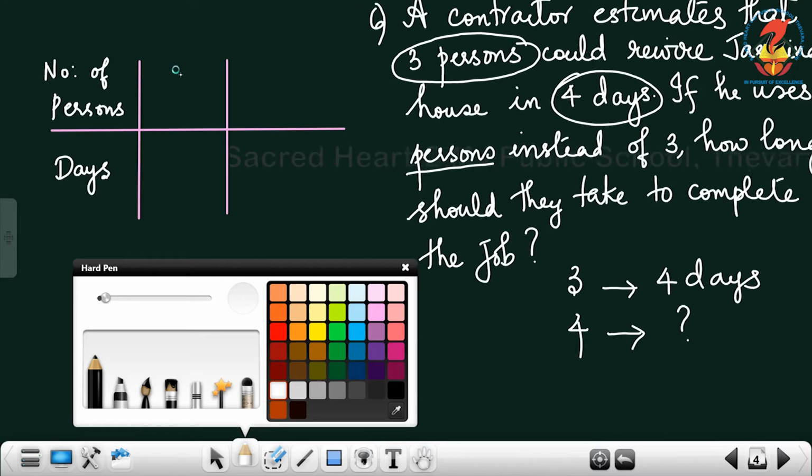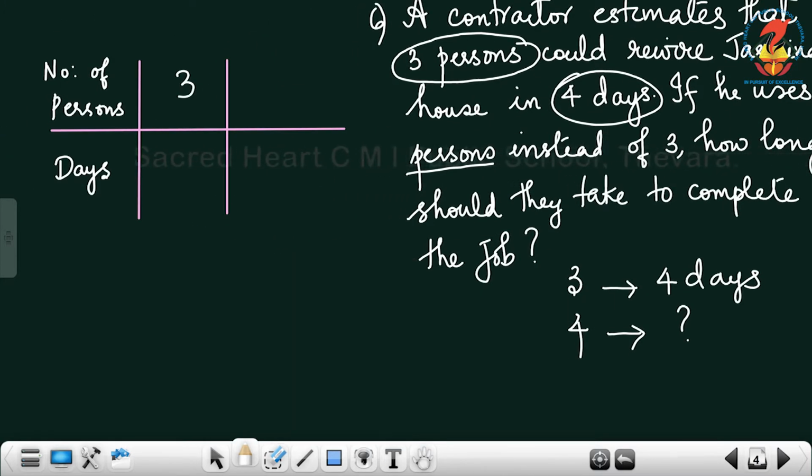So, the contractor estimates 3 persons to complete the work in 4 days. Then what does he do? Instead of 3, now he uses 4 people. Then the number of days required to complete the work is how much? I am going to take this as y. So, number of days equals y.